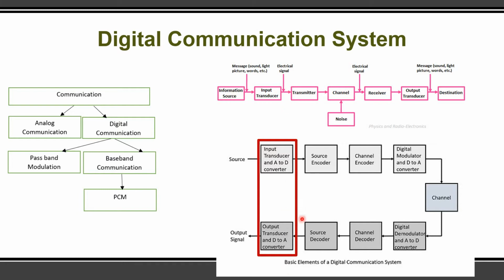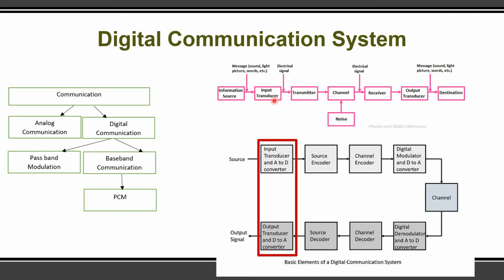You can compare both block diagrams and identify the main difference. In the first block diagram, the information source, that means your voice signal or your picture signal or your video signal, is called the information source. That information is converted into an electrical signal by using an input transducer.